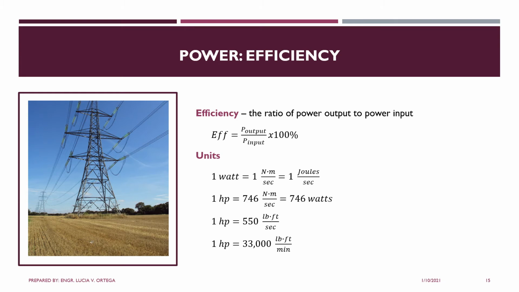The unit for power is watt. 1 watt is equal to 1 Newton meter per second, or 1 joule per second. 1 horsepower equals 746 watts, or 746 Newton meter per second. In English units, 1 horsepower is 550 foot-pound per second. Multiplying that by 60, 1 horsepower is 33,000 foot-pounds per minute.